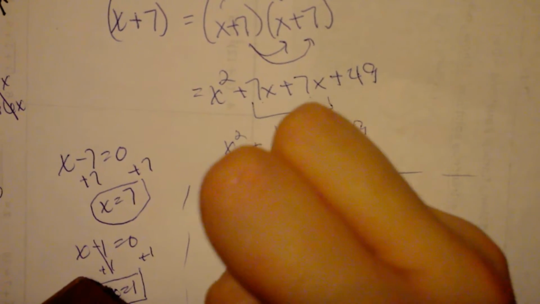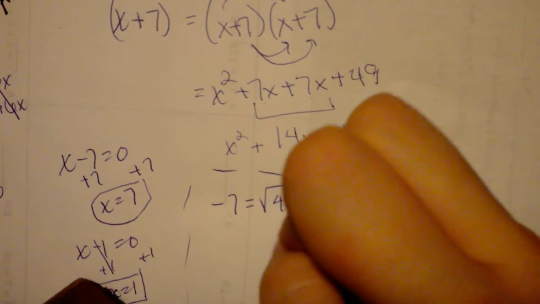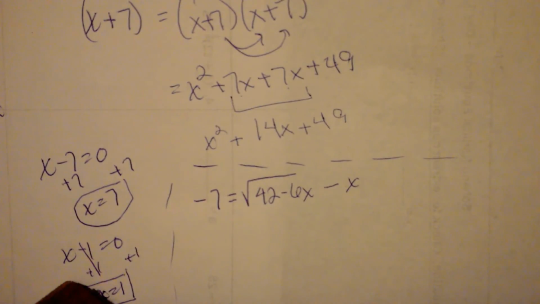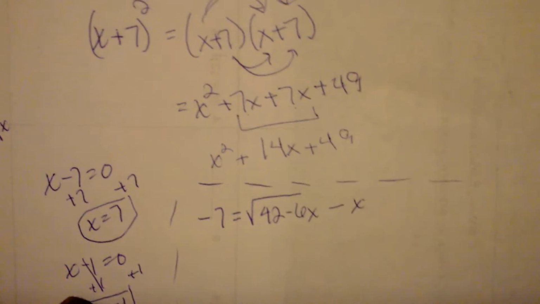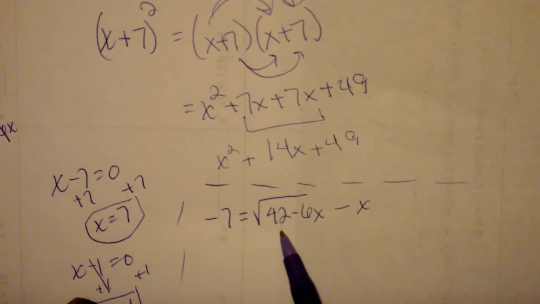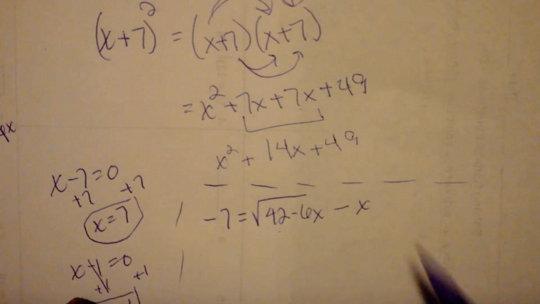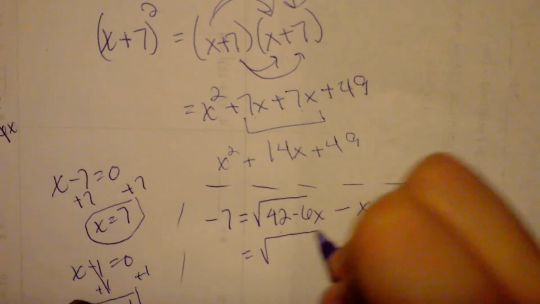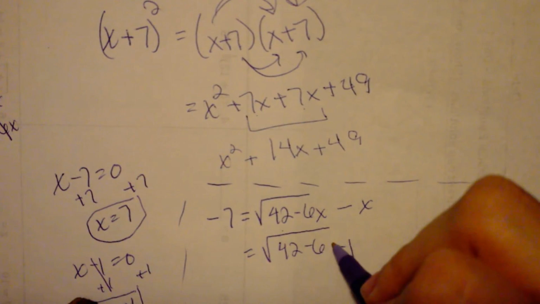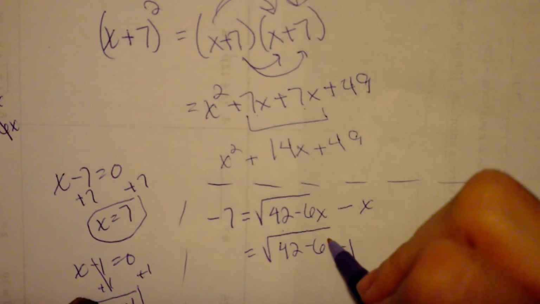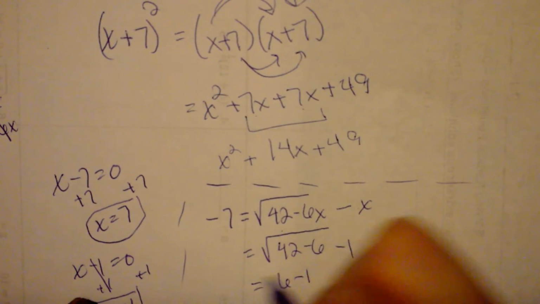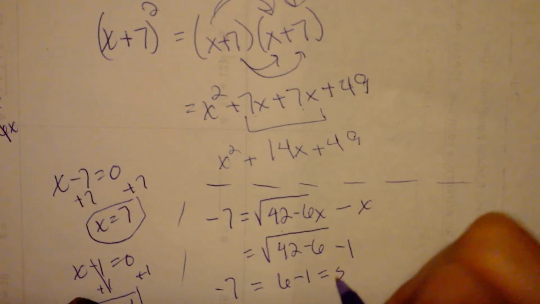Negative 7 equals the square root of 42 minus 6x, minus x. I'm going to try 1. That's going to be the easiest one to check. 42 minus 6 minus 1, so that's going to be 36. Square root of 36 is 6. 6 minus 1 is 5.